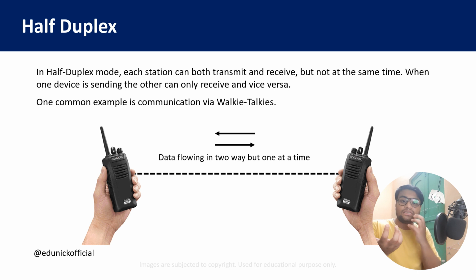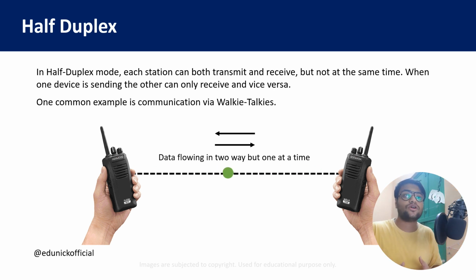So when the person on this side says over, the other person understands that the speech is completed, and that person will commence their speech. Okay, so this is basically a half duplex mode of communication.